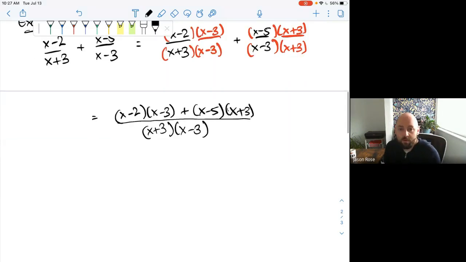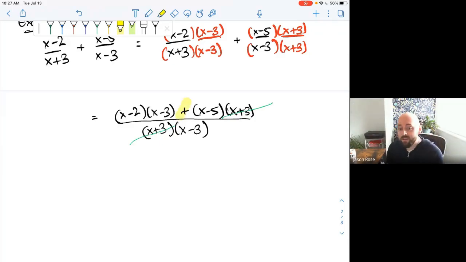Okay, so we're not finished yet. We have added the two rational expressions, but it's possible that there are some cancellations to be made. Now, in this form, we can't go ahead and make any cancellations. So for example, if I was to say, oh look, there's an x plus 3 and here's an x plus 3, that's not allowed because of this plus sign here.